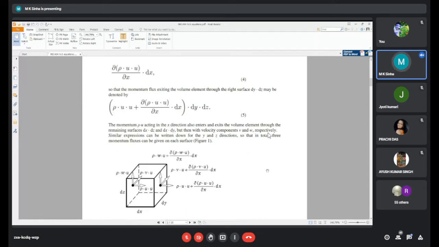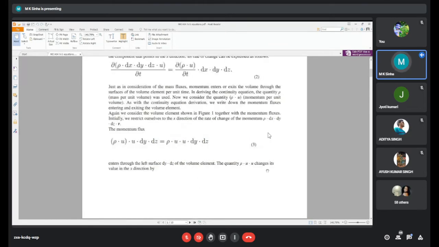The flow enters and exits along the x-axis with all components written. When any fluid flux enters a control volume, it also affects the other directions.